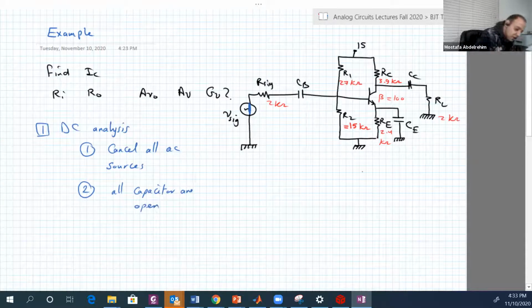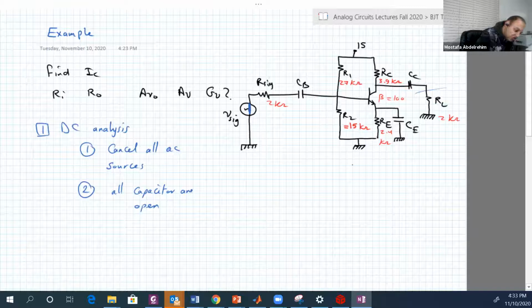So let's do that. If this is an open circuit, RL will be not connected. If this is an open circuit, it can also be considered as not connected.